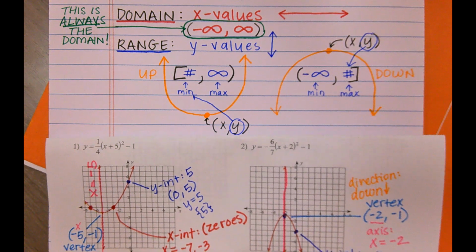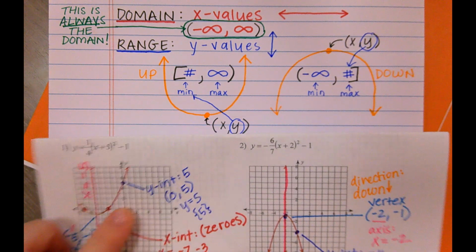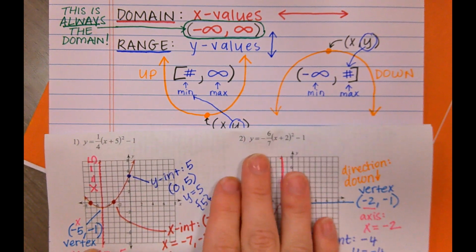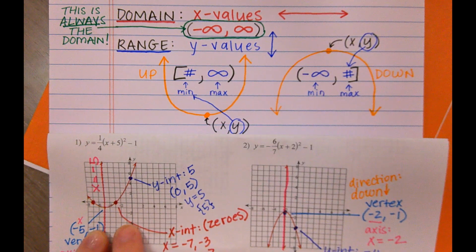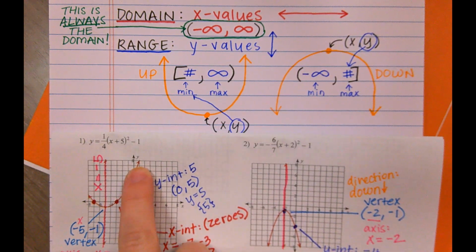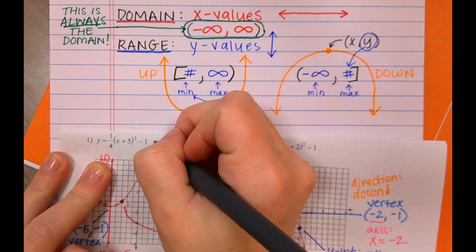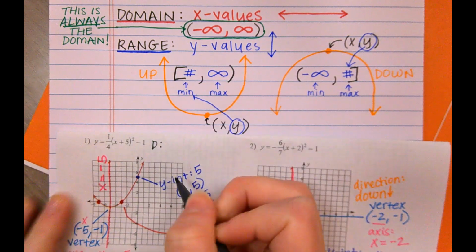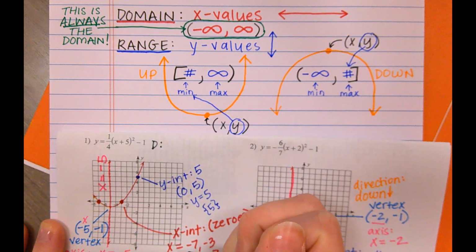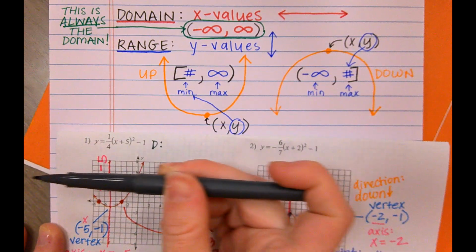So I'll leave that where everybody can still see it, but on that worksheet from the do now, let's look at number 1. Here is my parabola. And let's just practice. What is the domain of this parabola? What's my lowest x value?